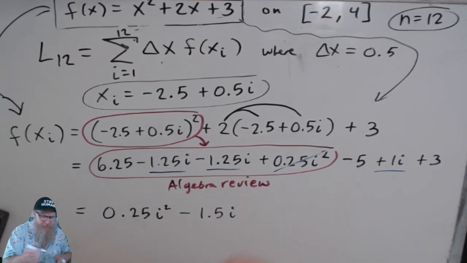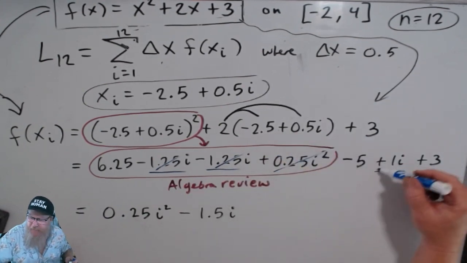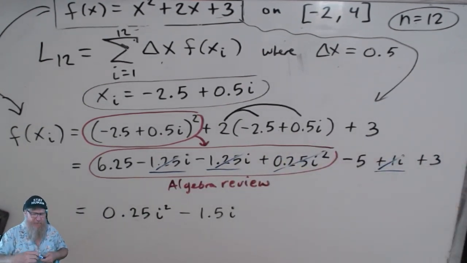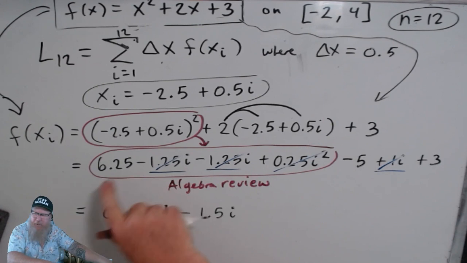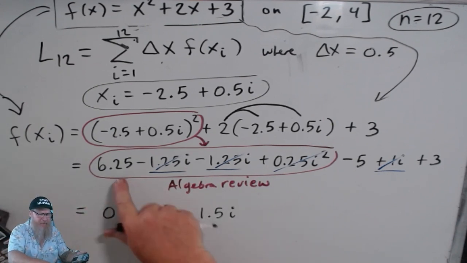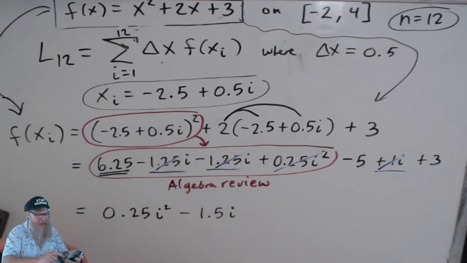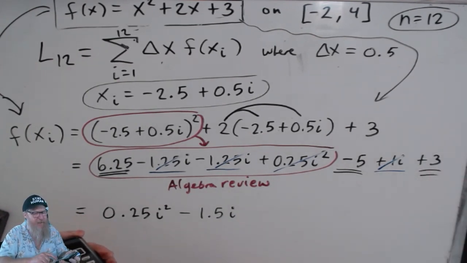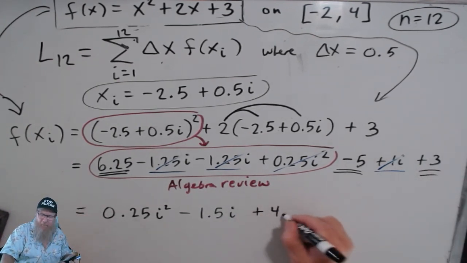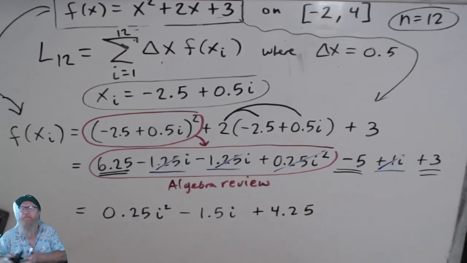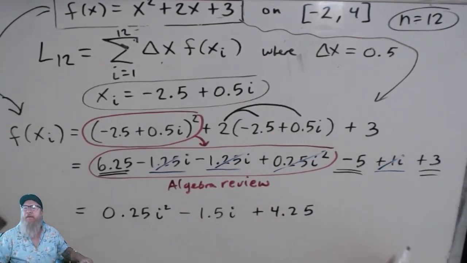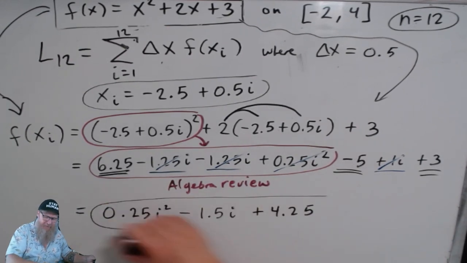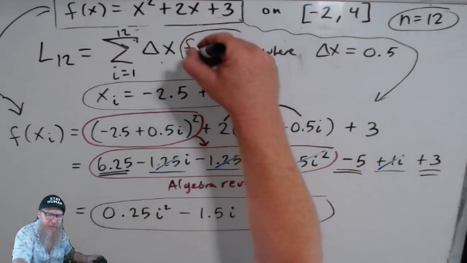All right, we'll cross those off. And then we've got 6.25. I'm just going to use the calculator for this. 6.25 minus 5 plus 3 is plus 4.25. So this is your f of xi, which goes here.